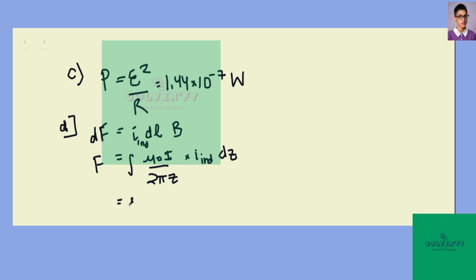And then same integral, I've done it before: mu naught I over 2 pi times the ln of A plus L divided by A. That was just our B. And then I need to multiply by I induced. Great. So redo that calculation.